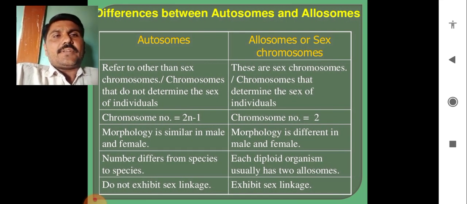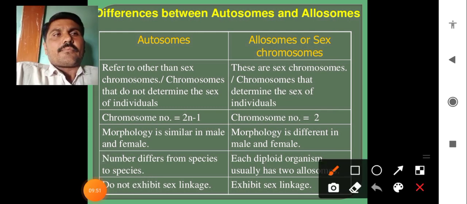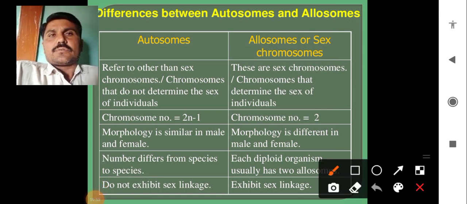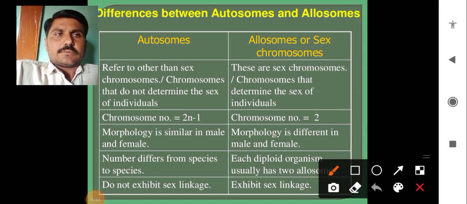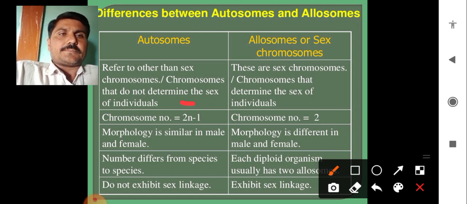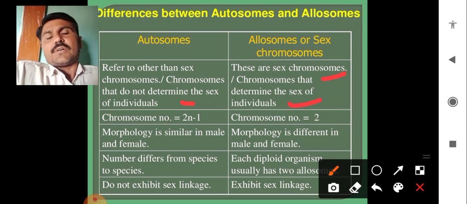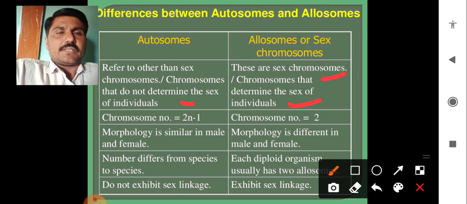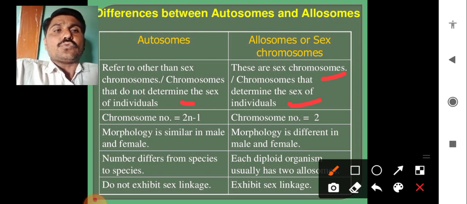While putting the differences between the autosomes and allosomes, look at the differences. Autosomes refer to chromosomes other than those that determine the individual's sex. Well, the sex chromosomes determine the sex of the individuals, which can be identified in the case of the allosomes. In autosomes, we don't find this.